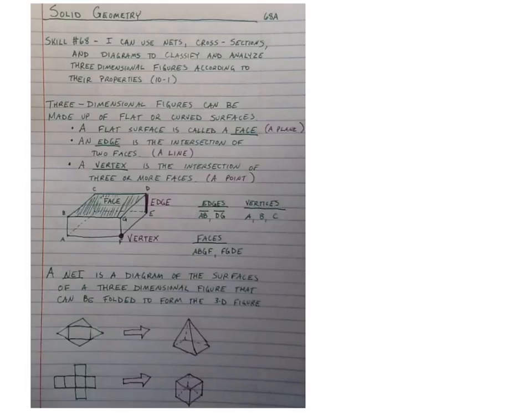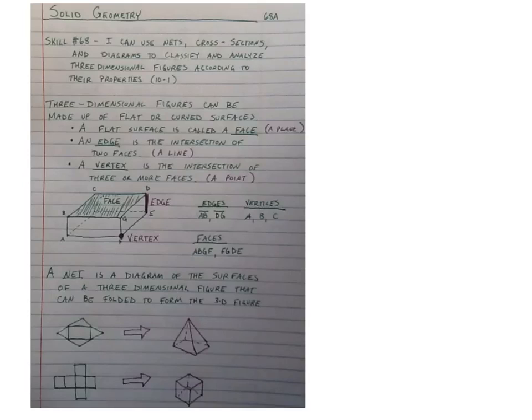Three-dimensional figures can be made up of flat or curved surfaces. For example, a cube, like a dice that you roll, has a flat surface, whereas a can of soda has a curved surface. A flat surface is called a face.